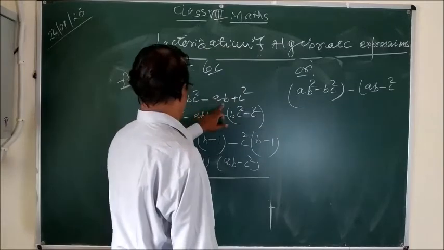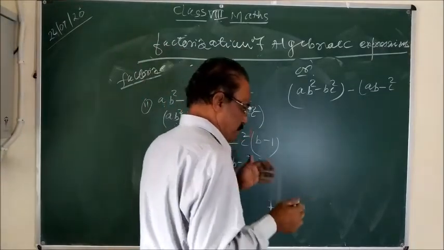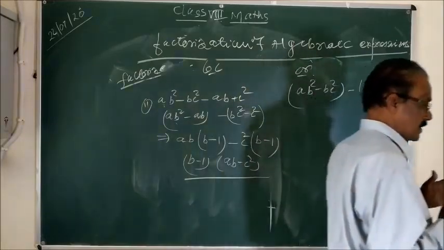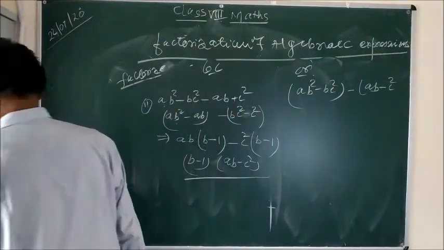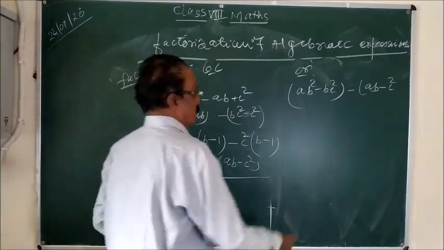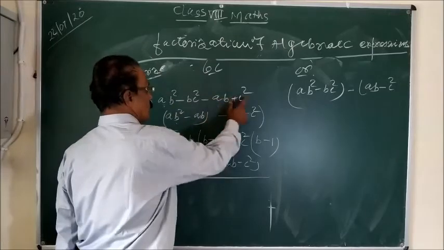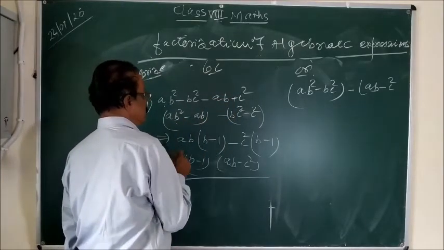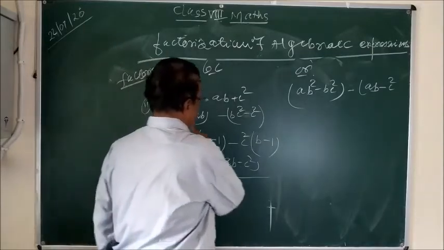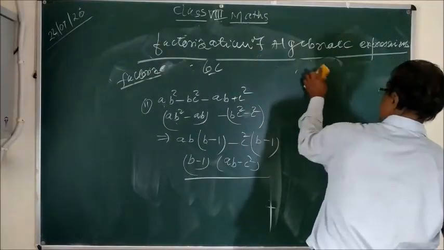How can you make the pair, how can you make the group? You need presence of mind here, because if we take these two, B is common, but no common is in these two terms. So this is not suitable. This is the suitable grouping, and then you can factorize.